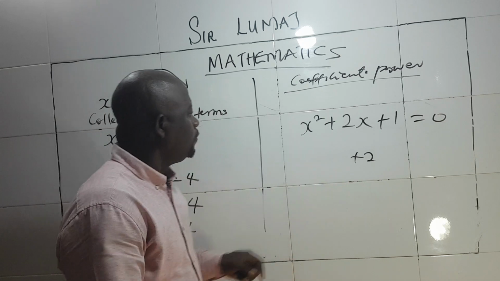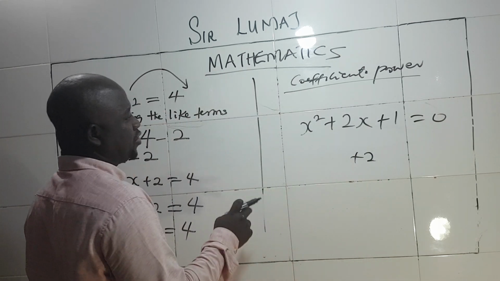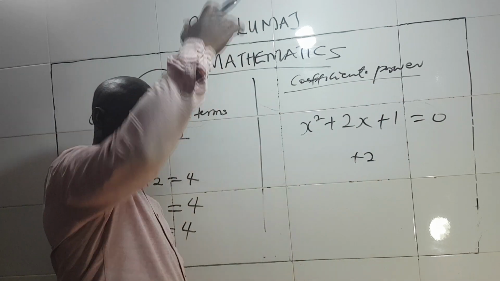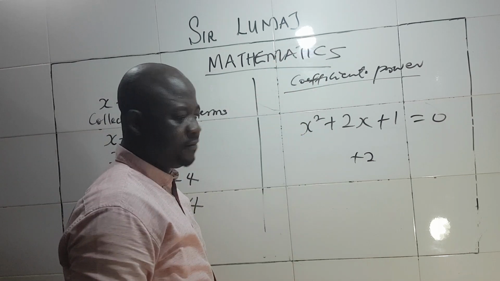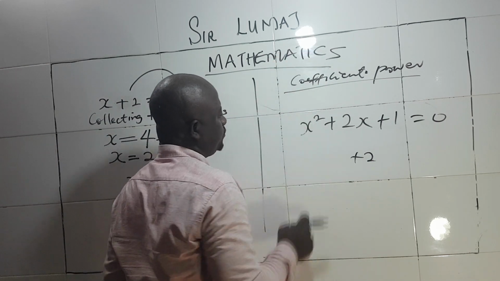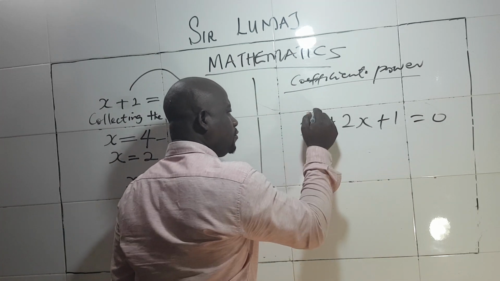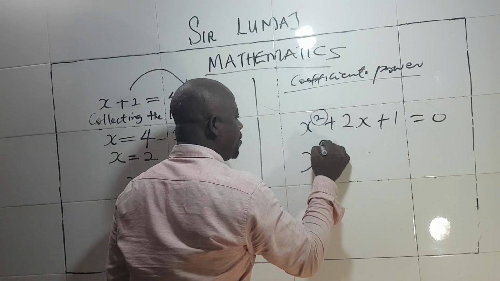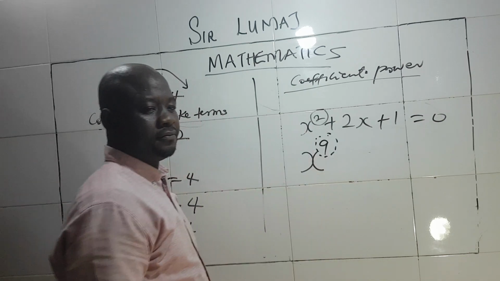Now, from this expression, I want to explain power. Power is the superscript, the number above the alphabet. Here we have x squared, x raised to power 2. If I say x raised to power 9, this is what I call the power.